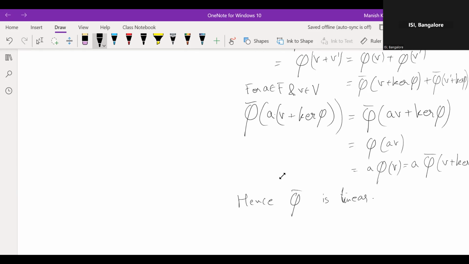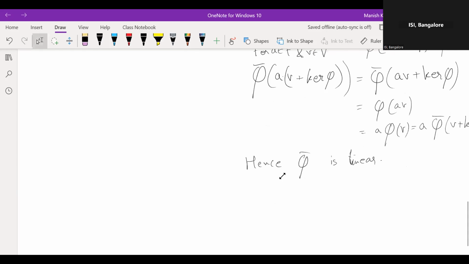And phi bar is surjective onto the image of phi by definition. So all you have to check is that phi bar is injective.